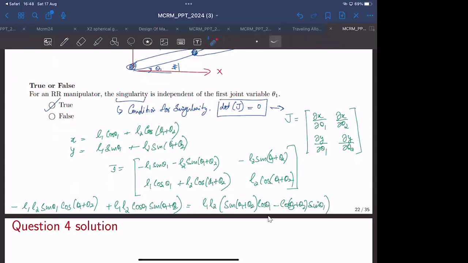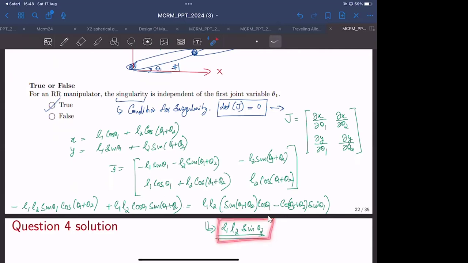So within the bracket, it's like sine A cos B minus cos A sine B. You can consider theta 1 plus theta 2 to be A and theta 1 as B. So the final expression would turn out to be L1 L2 sine theta 2. Right? So this is the condition of singularity.